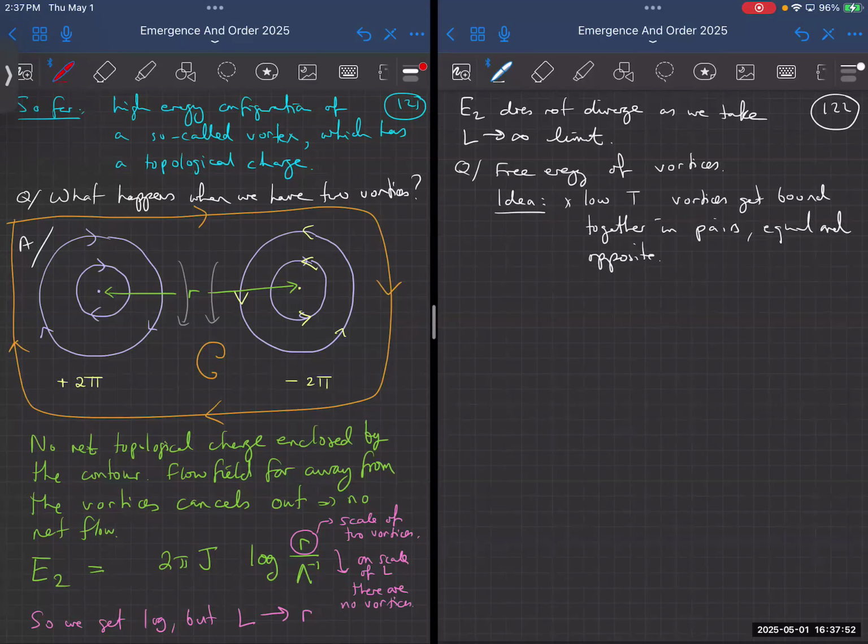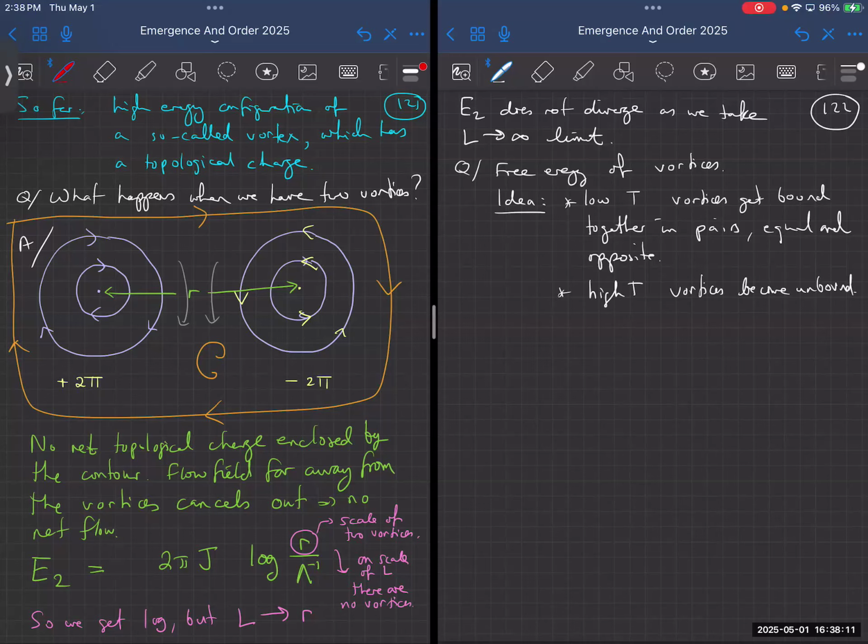And then at high temperatures, I'm going to claim that the vortices become unbound. That's what I'm working towards.